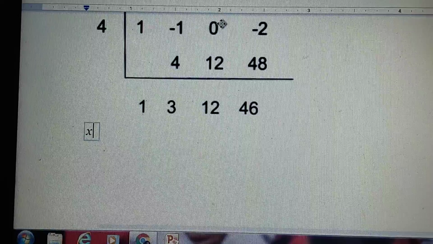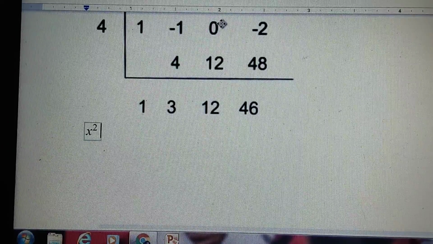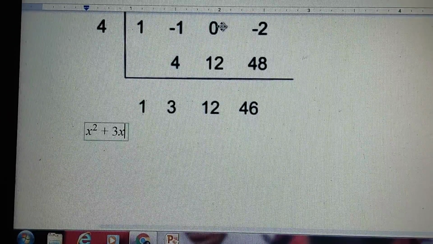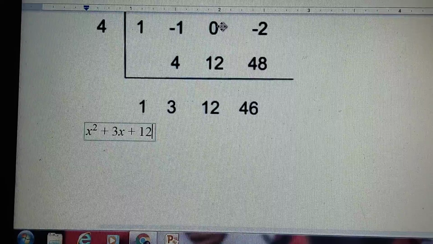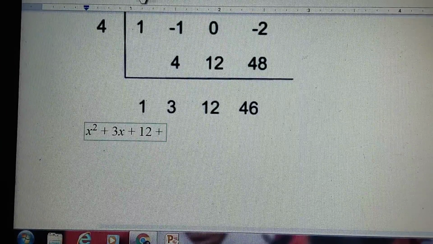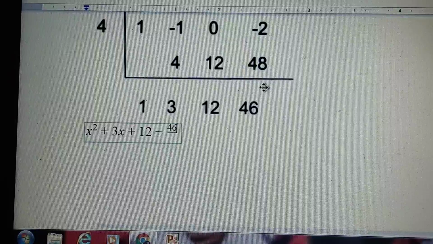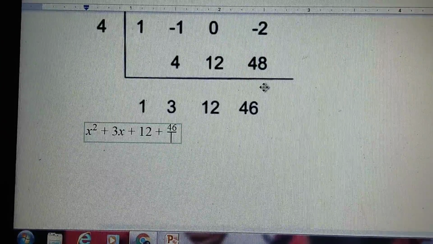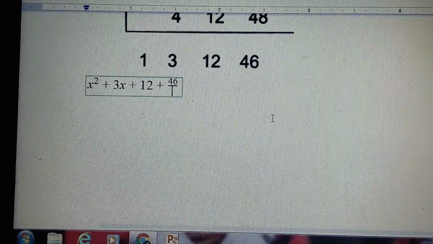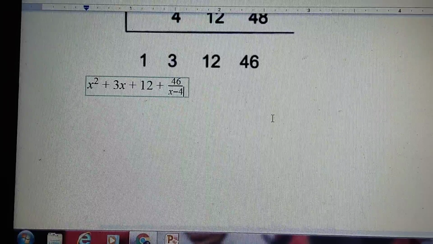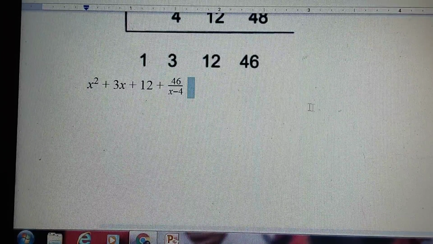So x squared plus 3x plus 12 plus, I need my fraction, 46 over, what did I divide by? x minus 4. And then you are all done.